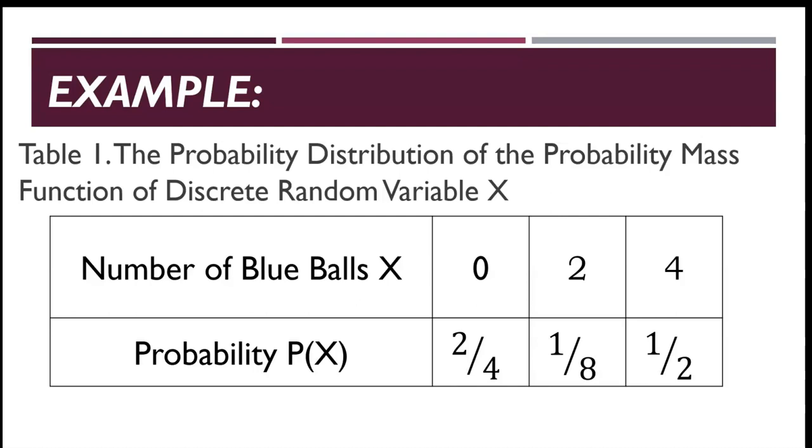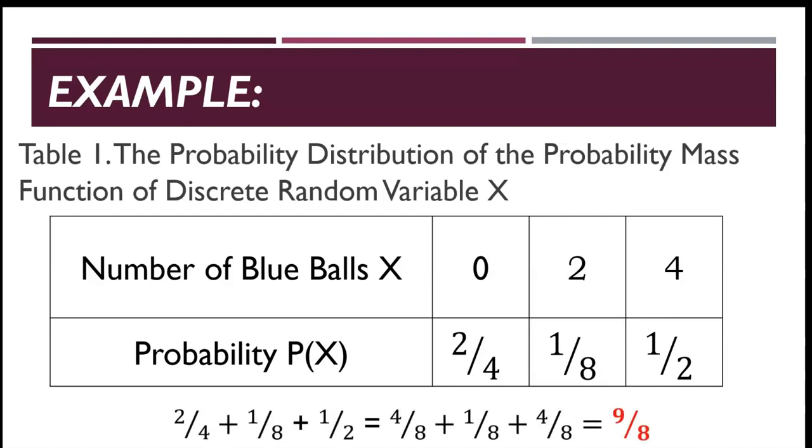Therefore, it passes the first property. For the second property, we will add 2/4 plus 1/8 plus 1/2. If we add it, it would be equal to 9/8. As we can see, 9/8 is not equal to 1. Therefore, it does not pass the second property.